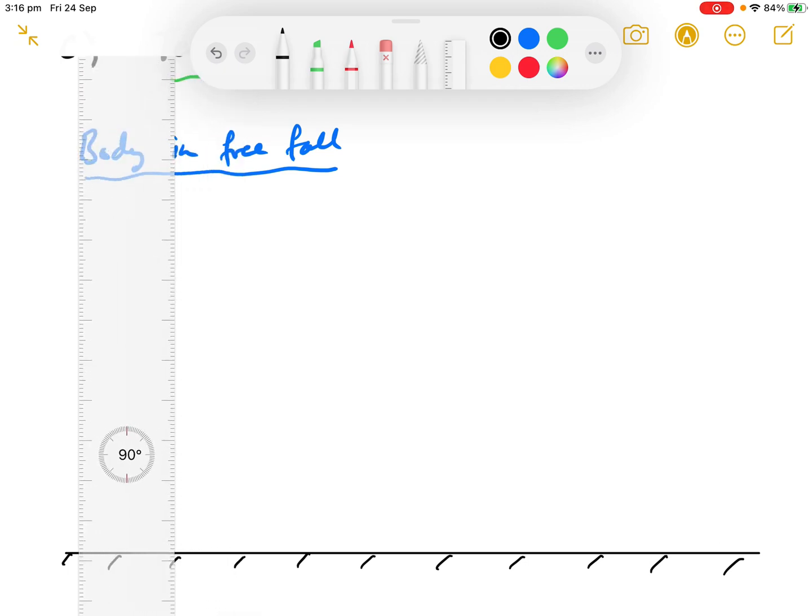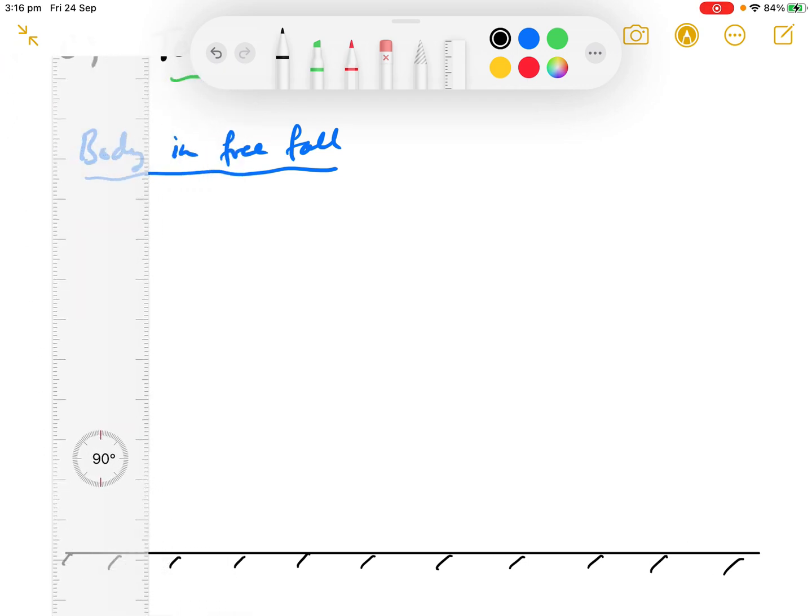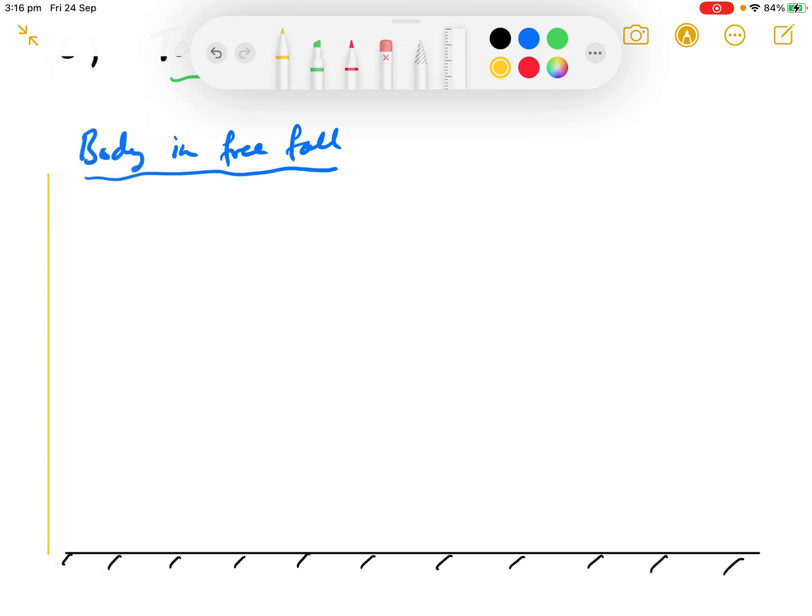And this body is going to be dropped from a fairly substantial height, maybe something like that. Okay. So the body is released, let's say here. And make it down a wee bit actually. Yep, there. There it is.